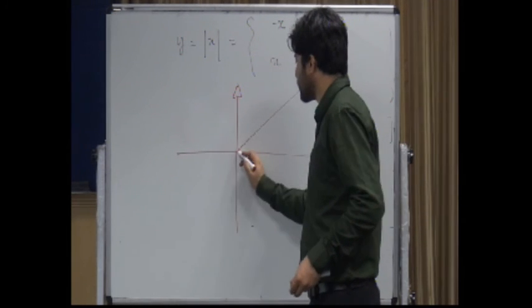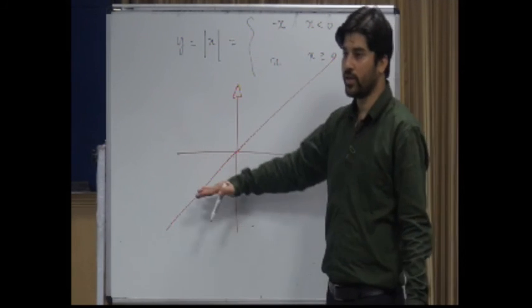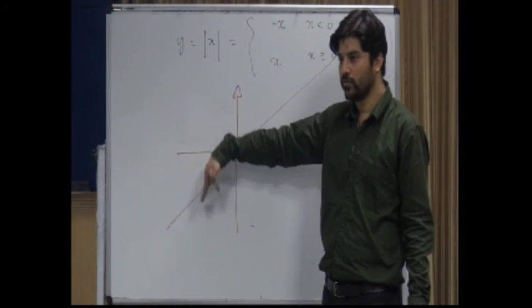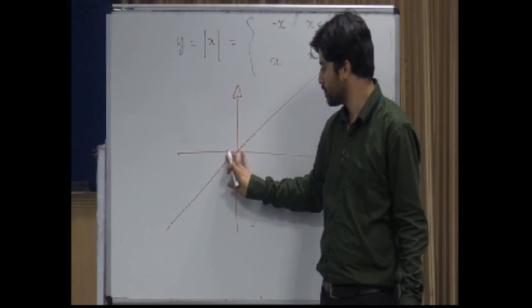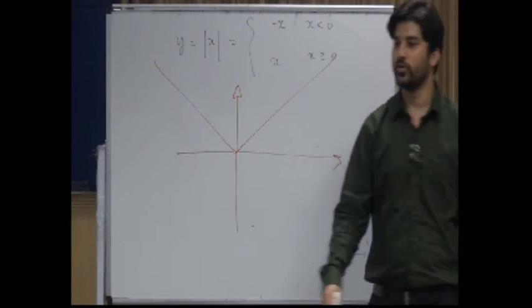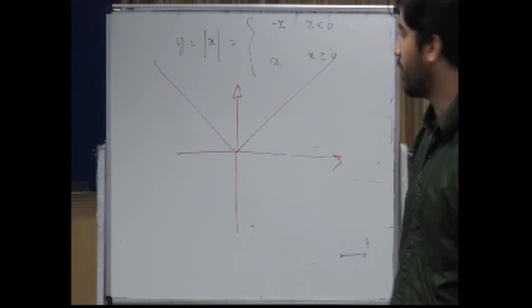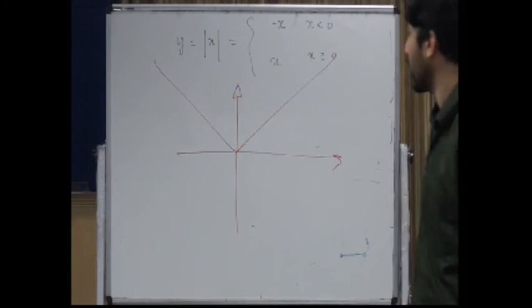This is your y is equal to x line. And whatever you see below will be reflected up. So this is your y is equal to mod x, right? Clear? No issue here? आप इसको handle कर सकते हो? So now handle this.